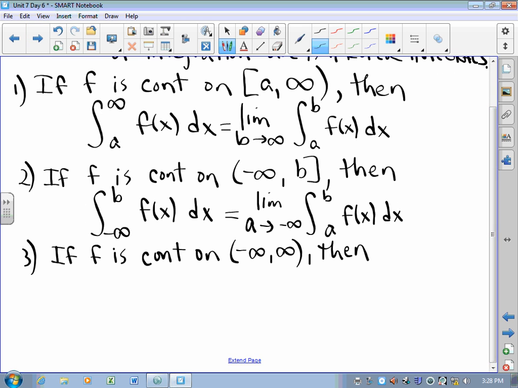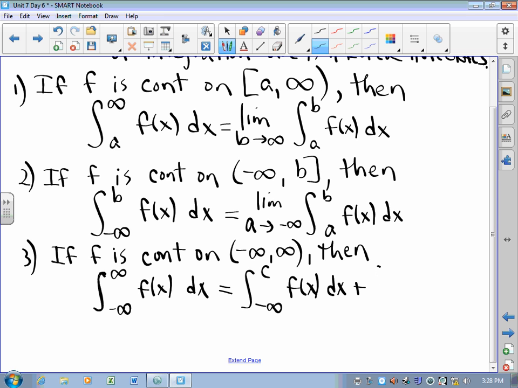Then the integral from negative infinity to infinity of f of x dx is the integral from negative infinity to c, plus the integral from c to infinity. Just pick any c, but then use that c again.